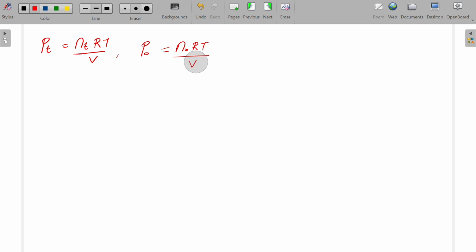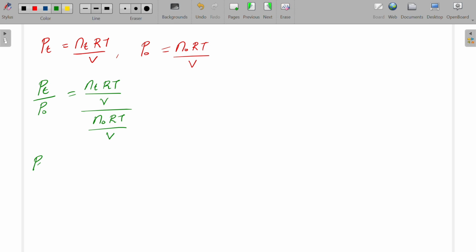So we are dividing the two equations. We are dividing this equation by that equation there. So let's do that. What we are going to have here is PT divided by P initial. What is on the left side, divide, and what is on the right side will also divide. So we'll have NT RT, like that, divided by V. And this whole thing here is being divided by N initial RT, which is divided by V, like that.